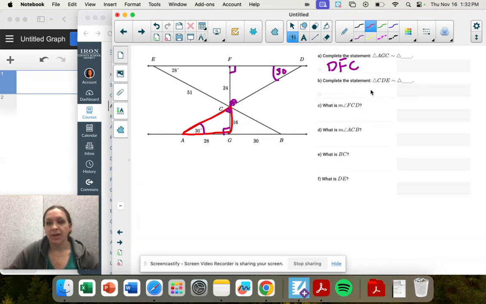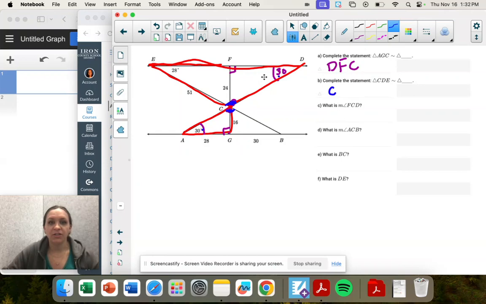So we have another one. This time we're looking at C D E. We're looking at this giant triangle. So that is similar to what triangle? Well, C is the shared angle, so it's going to start with C, and then it's this one.